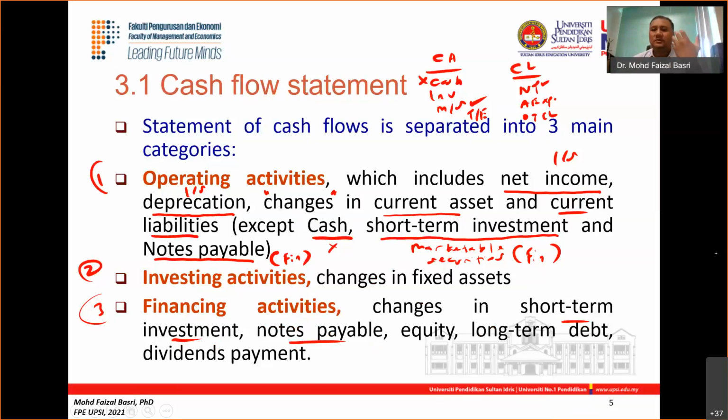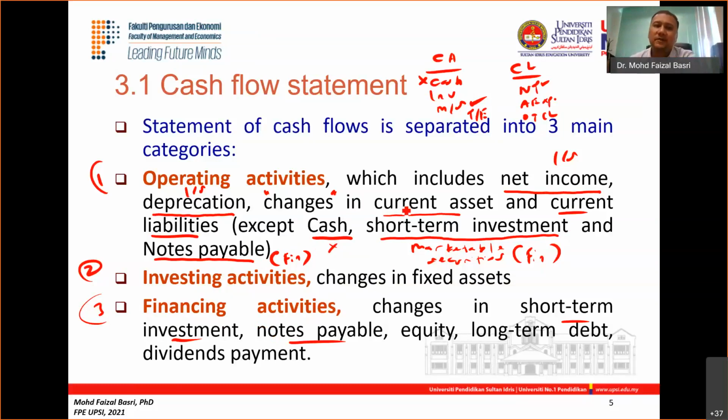So in a nutshell, under our balance sheet, current assets, everything except cash, because it will not be part of any activities, and also short-term investment, which will be part of financing. And for current liabilities, everything except notes payable, which will be part of financing activities. So that's the current assets and current liabilities.